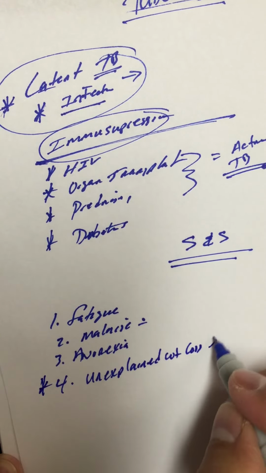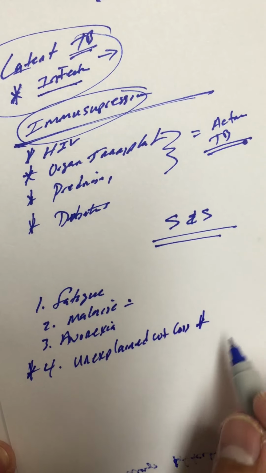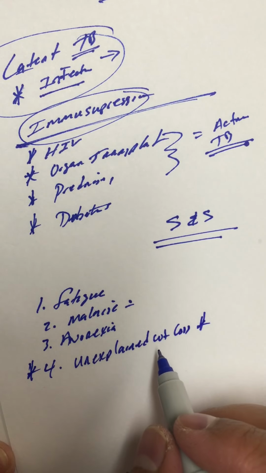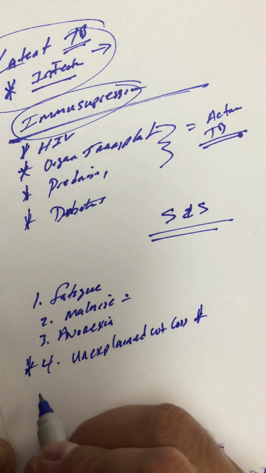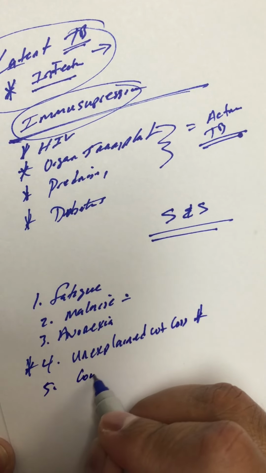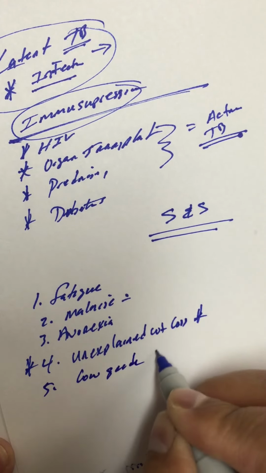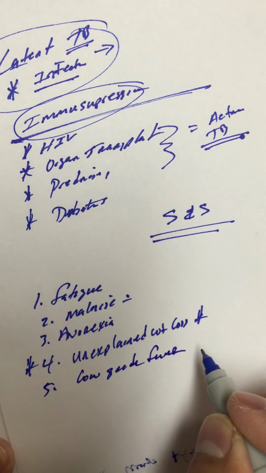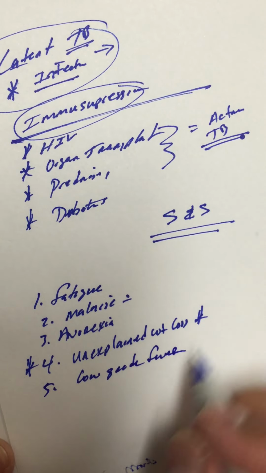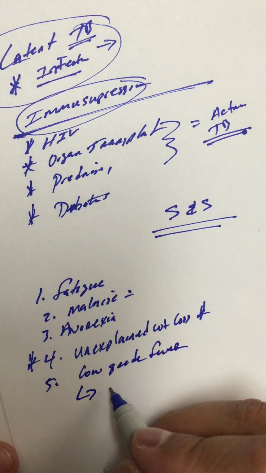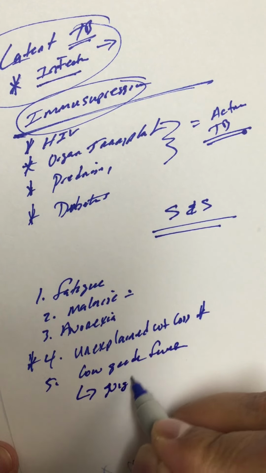This is one you must remember. Again, unexplained weight loss. Number 5, low-grade fever. More specifically, night sweats.